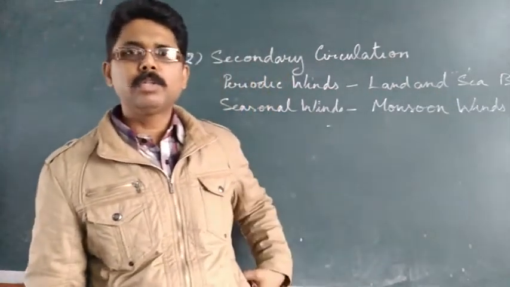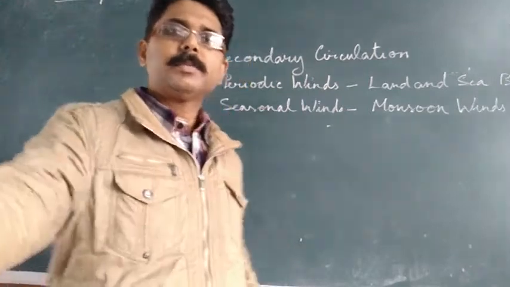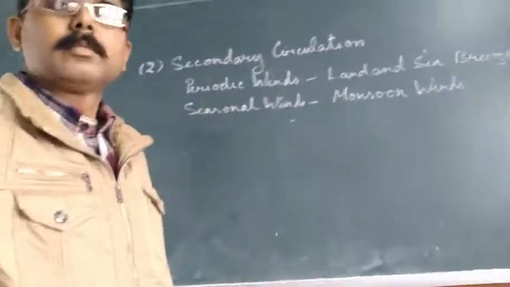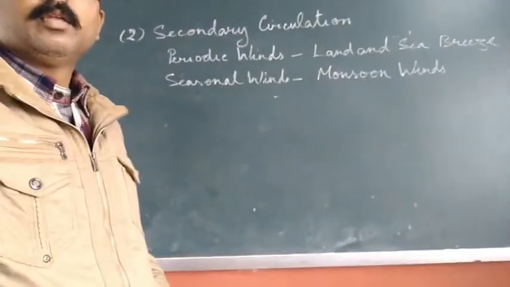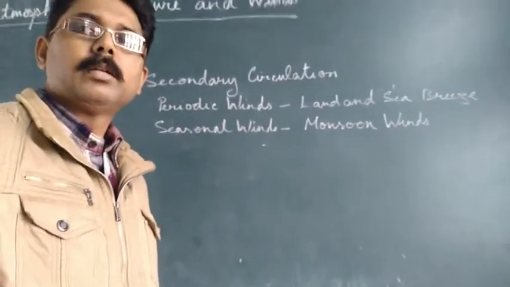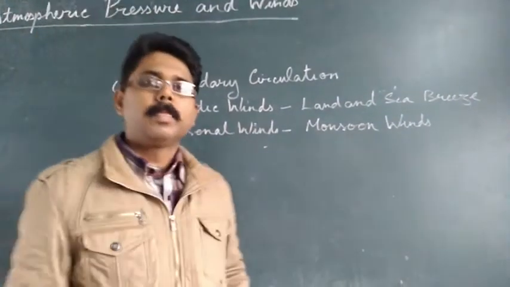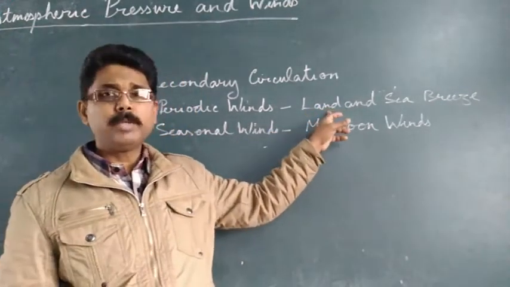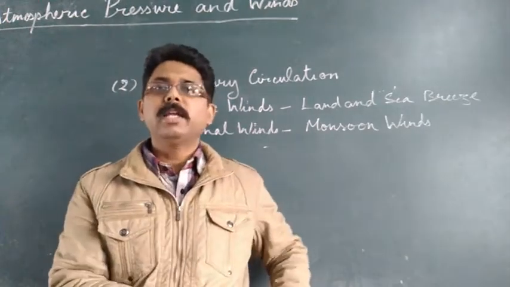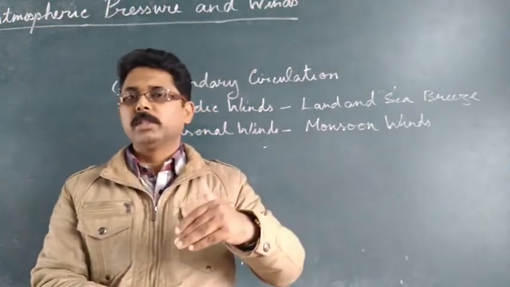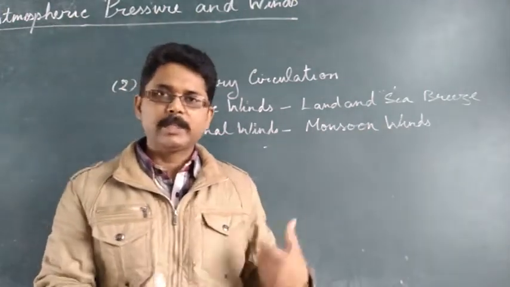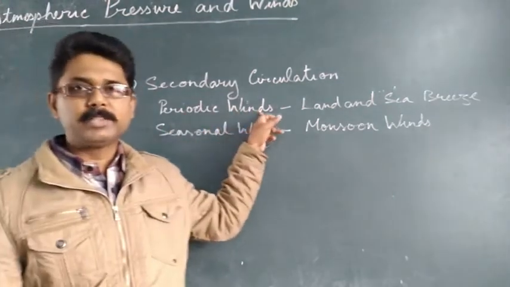So you can see one more thing here. During the daytime, wind blows from sea to land, while during the night, the wind blows from land to sea. So after a certain period, the wind reverses its direction, and that's why we call them periodic winds.